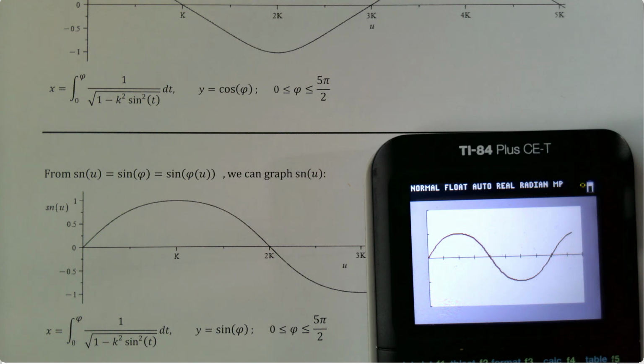So here I have the graph over 5 quarter periods. Each tick marks 2, which is roughly what the quarter period is. So look here. There's 2, 4, 6, 8, and that's 1 full period. And then here's 10, which would be 5 quarter periods. So there you have it.